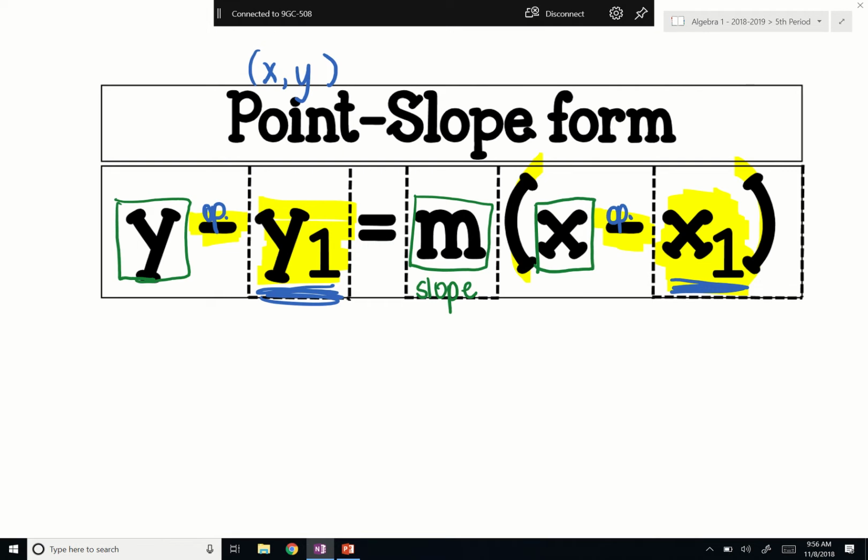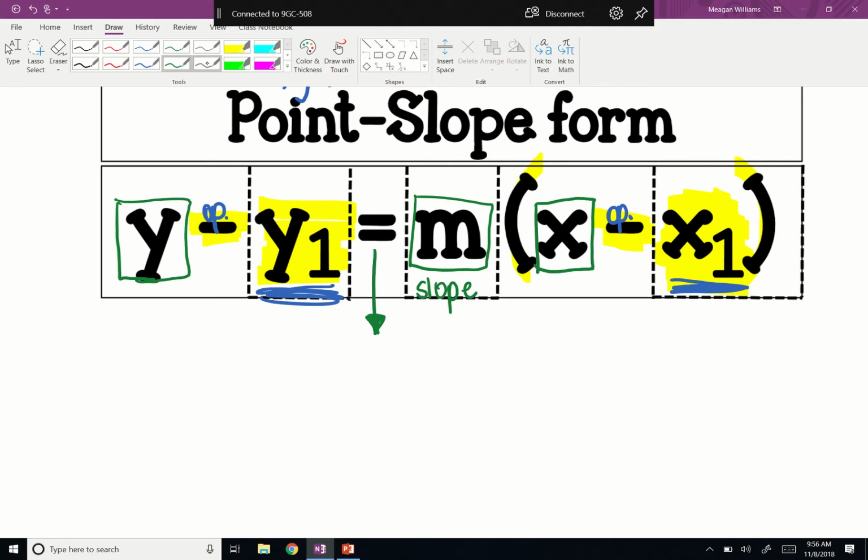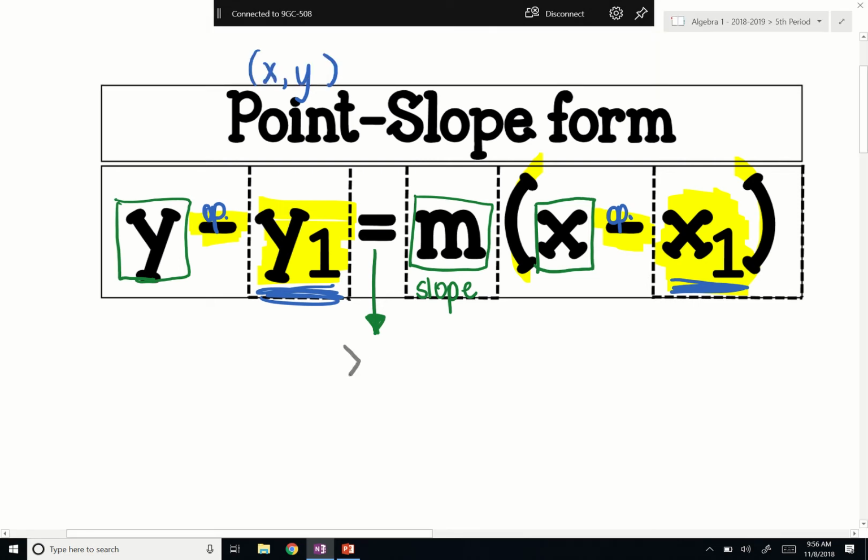Okay? Now, what I do need you to understand are these are not always going to be equal signs. Okay? Not every equation is going to be an equal sign. What are some other options we might have? Yes, our inequality signs. So greater than, less than, what else? Greater than or equal to, and less than or equal to.